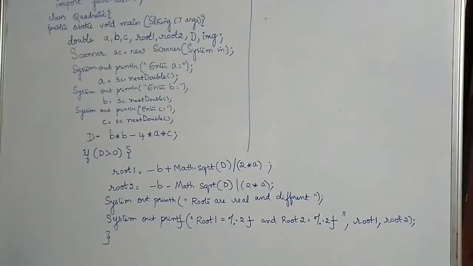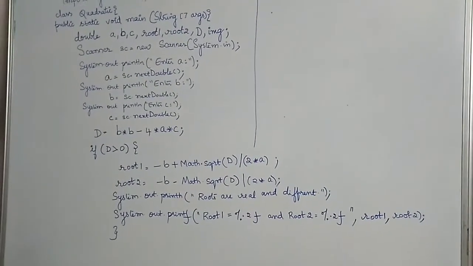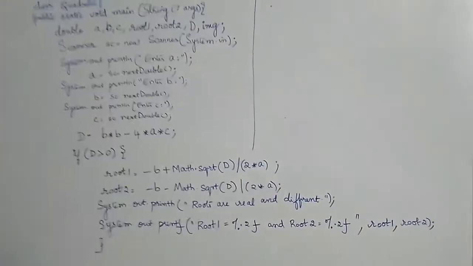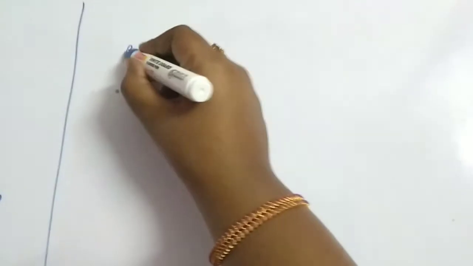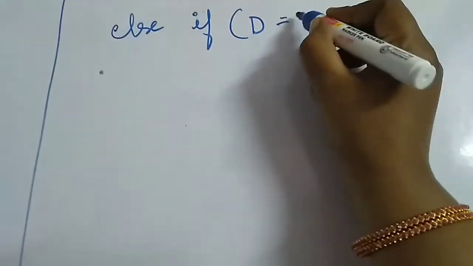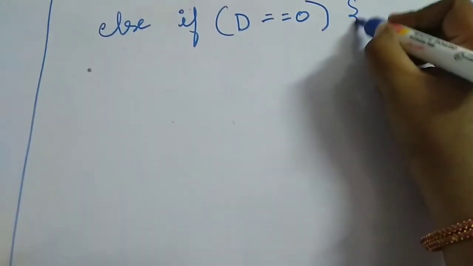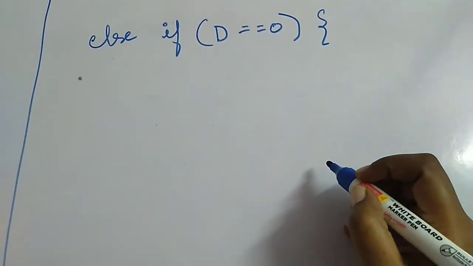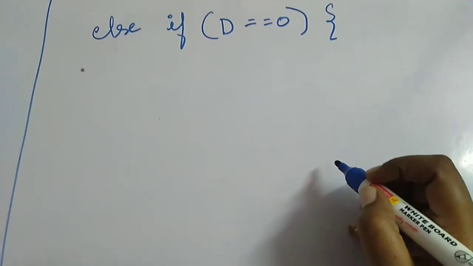What is the second condition? The second condition is where the discriminant is equal to 0. So we'll see that part. I am writing else if d is equal to 0. If d is equal to 0, the roots are same and they are real.